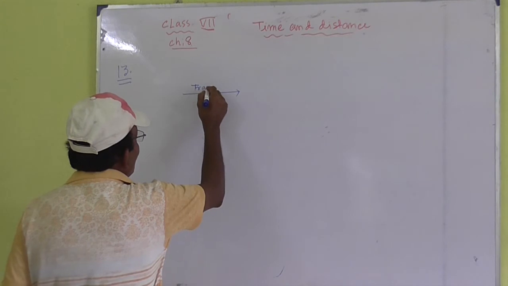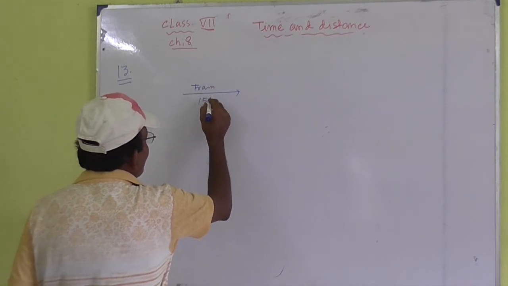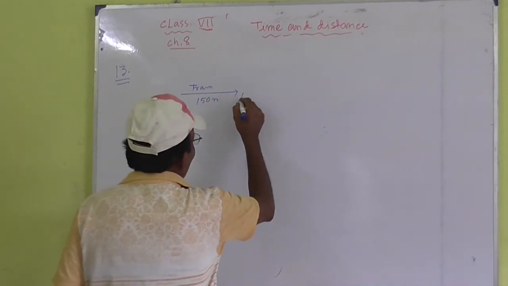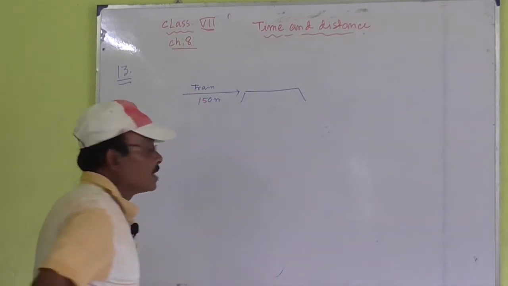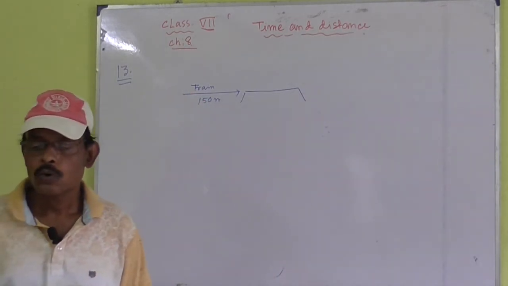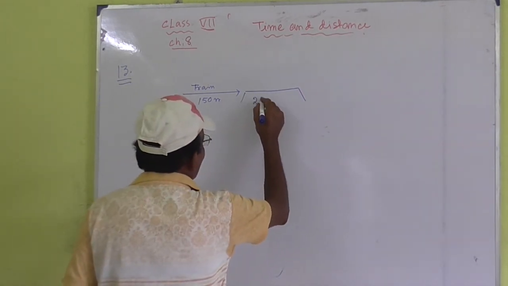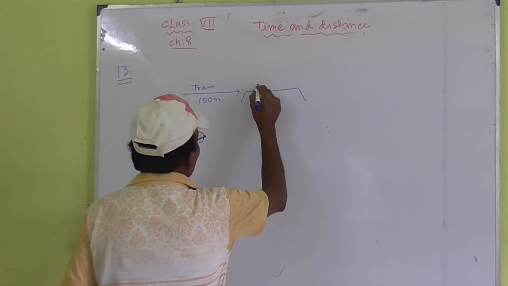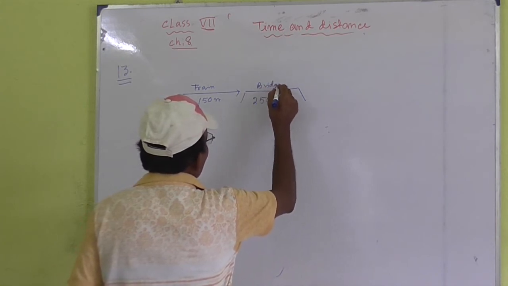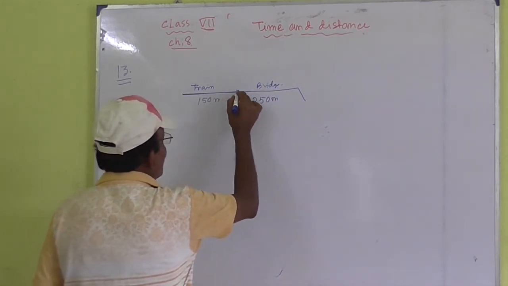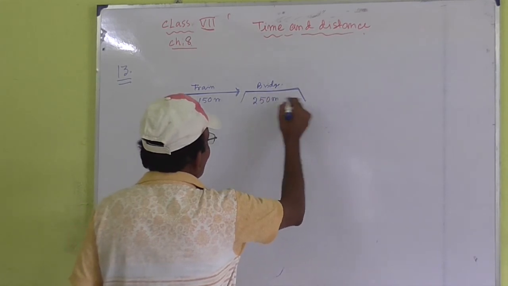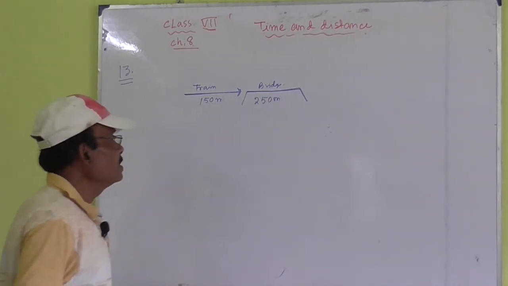Train covers a bridge whose length is 250 meter. This train covered the bridge whose length is 250 meter.